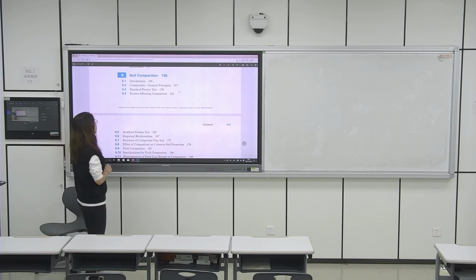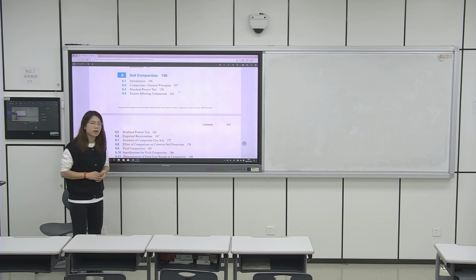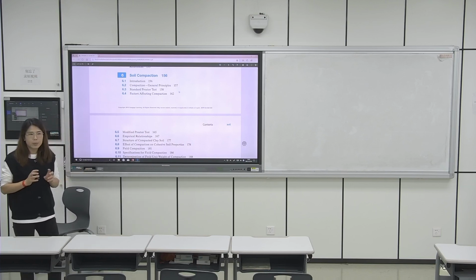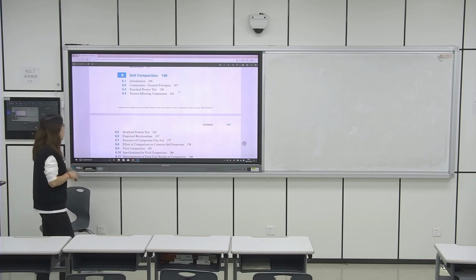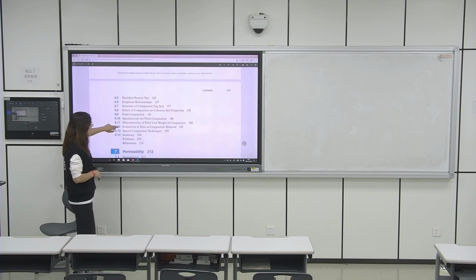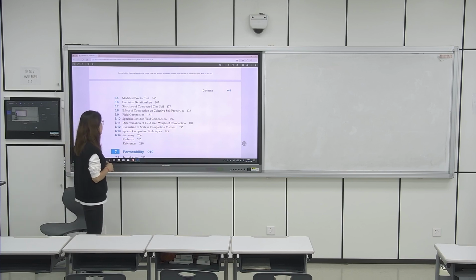Compared with the standard Proctor test, there is the modified Proctor test. The modified Proctor test just enhances the input energy compared to the standard Proctor test. And then we learned some empirical relationships for compaction. And then field compaction, we introduced some machines to do the compaction in the field.